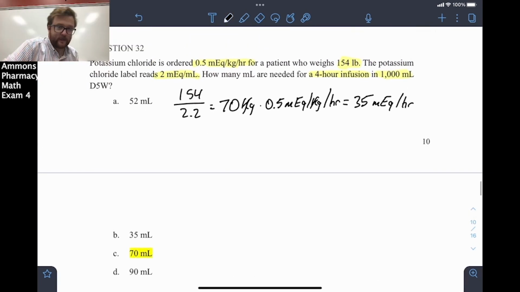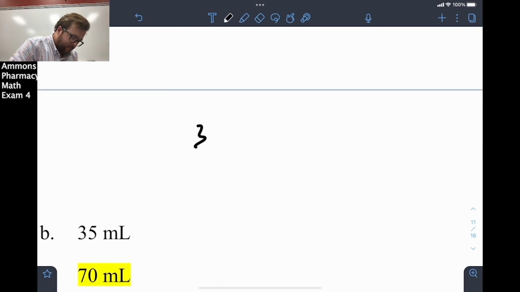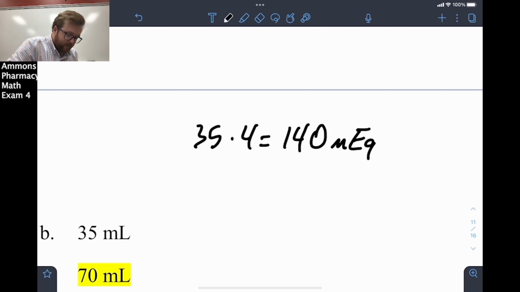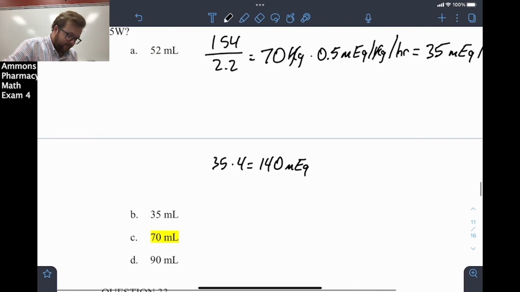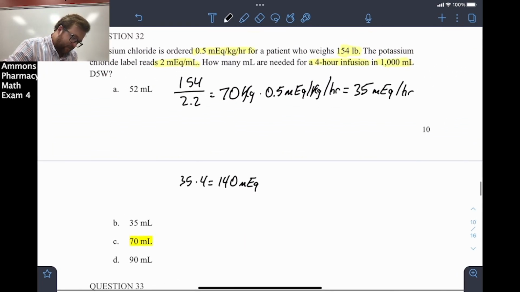So we just need to know how many in 4 hours because 35 in 1, so 35 times 4. 140 milliequivalents per every 4 hours.